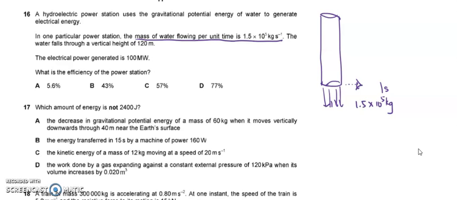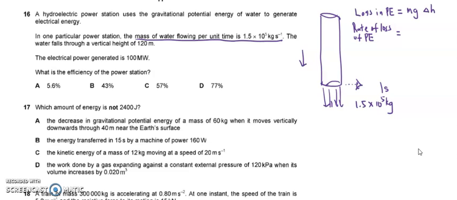Since when water flows downwards, there's a loss in potential energy, now we are going to see the rate of loss of the potential energy. We know loss in potential energy is simply m, g, delta h.